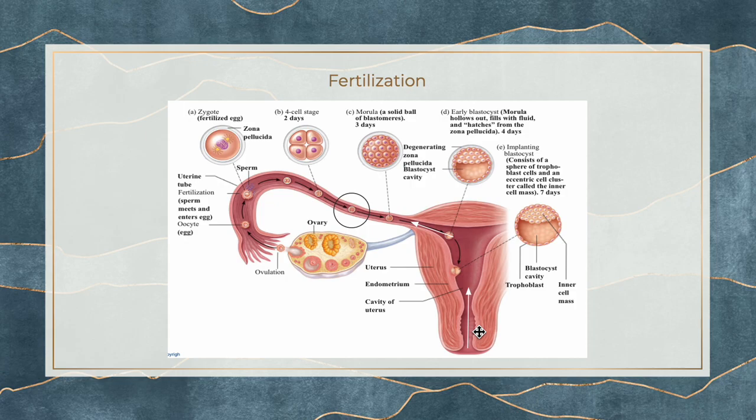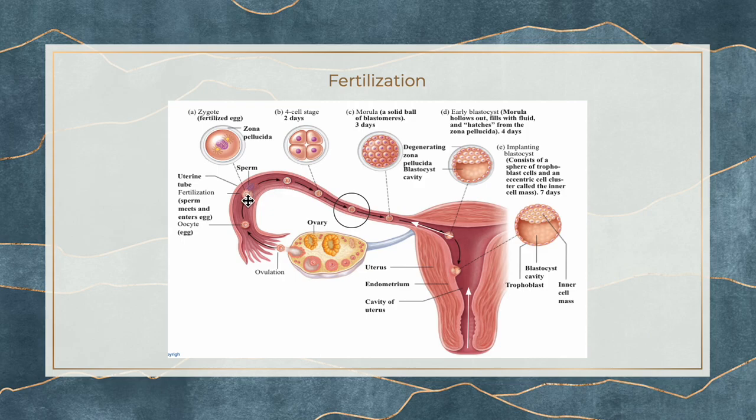So when fertilization occurs, only a single sperm cell travels through the vagina, past the cervix, into the uterus, and then usually fertilization will happen about here in the fallopian tubes. It can happen down here as well.